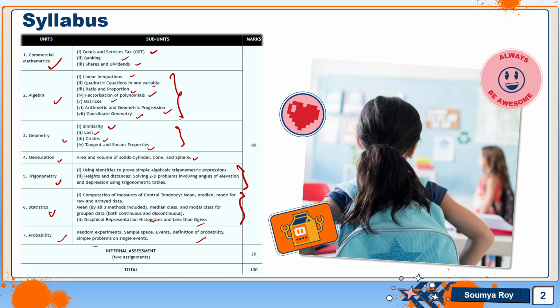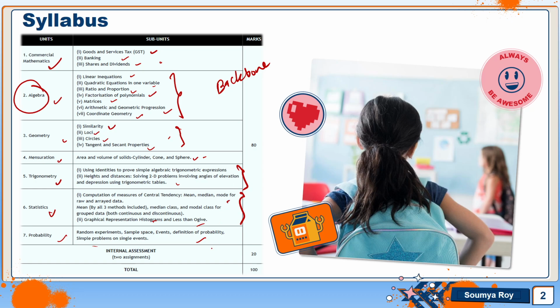So basically we'll be starting from algebra, because this forms the backbone of mathematics. Wherever you move, if you move to commercial mathematics, there you will require algebra. You move to geometry, there you'll require it. You move to mensuration, there you will require algebra. Trigonometry, there a lot.